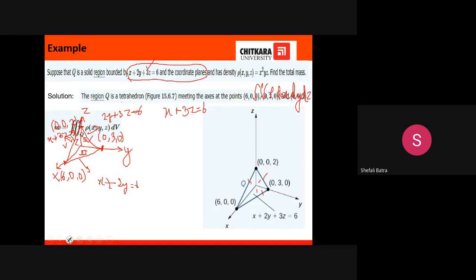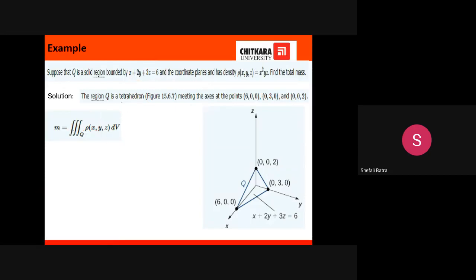So now we will discuss the limits. So this was the formula: triple integration rho x comma y comma z into dv. And now dv would be converted into dx dy dz, and rho is x square y into z. So you'll be writing here triple integration x square y into z dz dy dx.